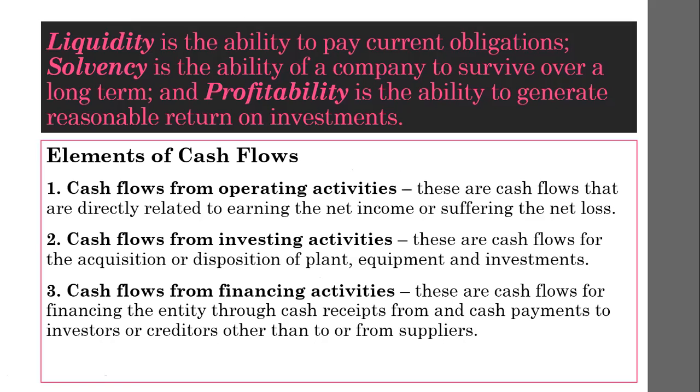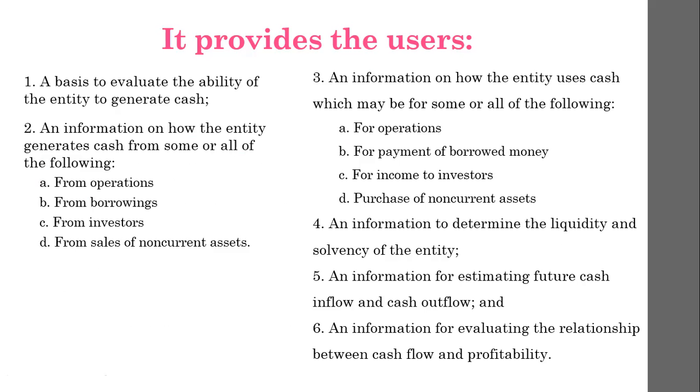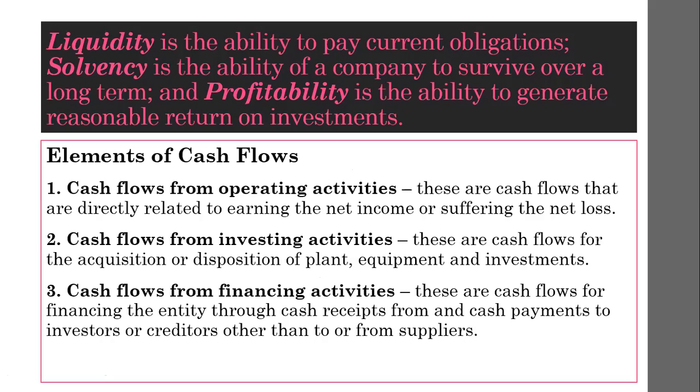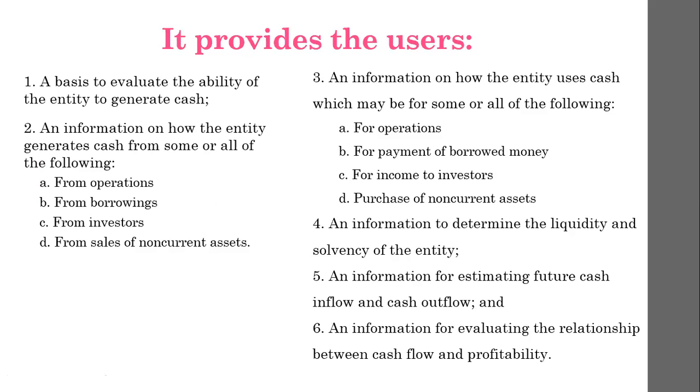So, these are our accounts payable. Okay? Whether it's a loan or what. Next is solvency, which is the ability of a company to survive over a long term. From the words long term, a better example is that the business checks, in solvency, how it can survive.